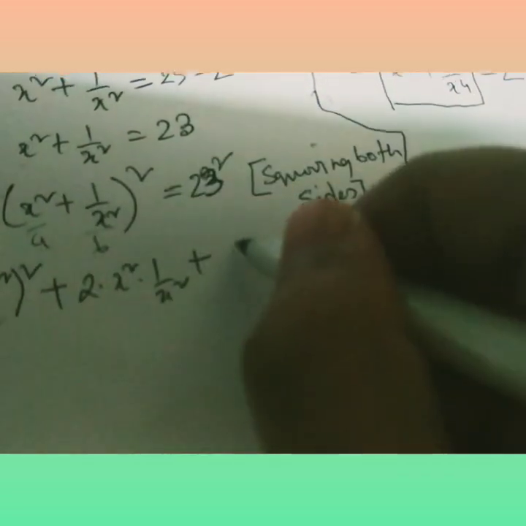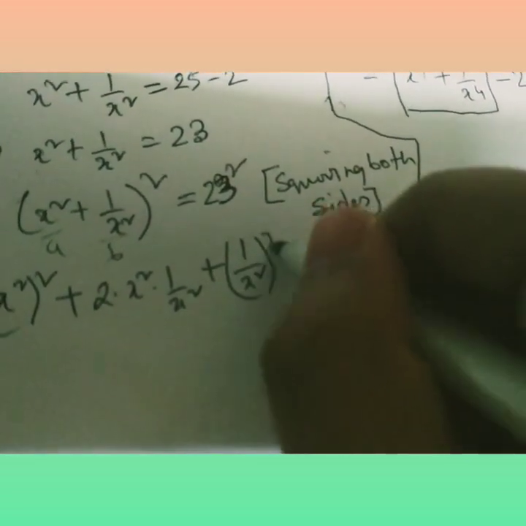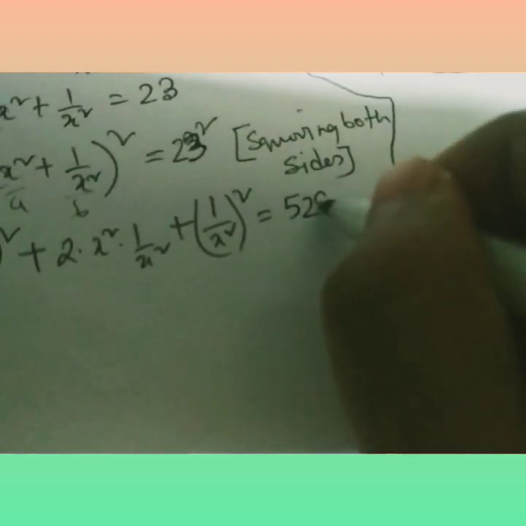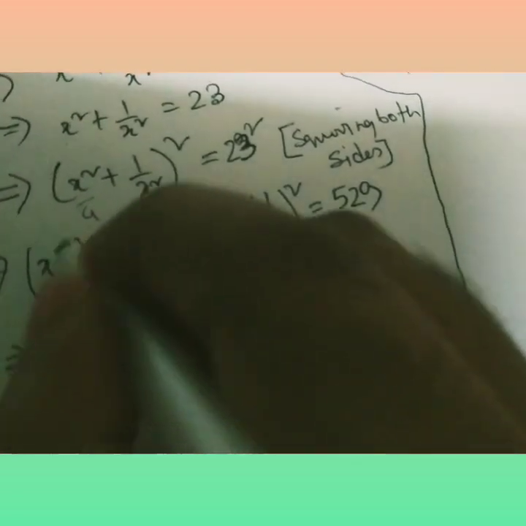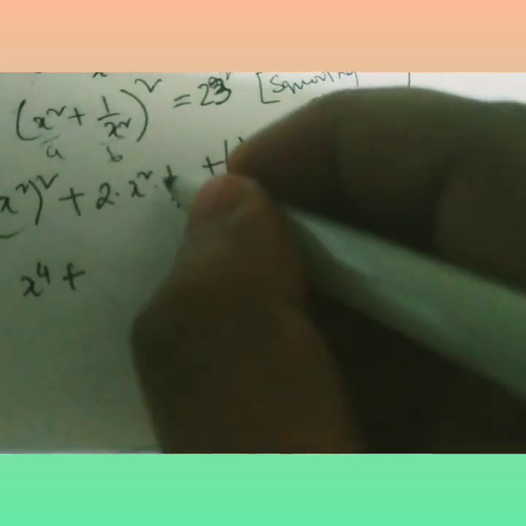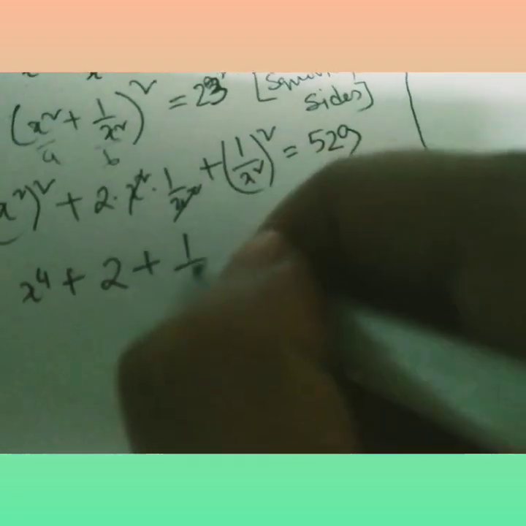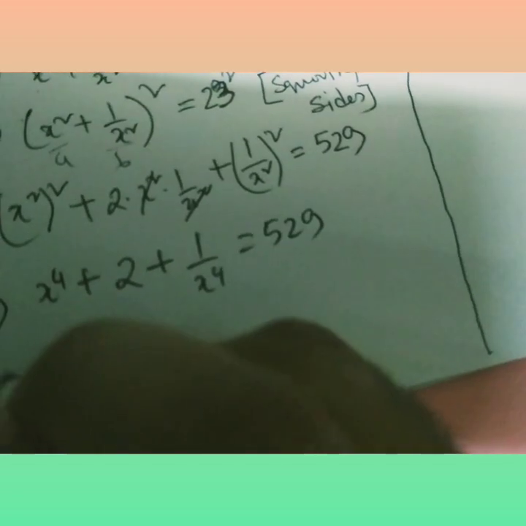B is 1 by x square, so 1 by x square whole square, equals 23 square is 529. Okay, so x square whole square is x to the power 4, plus this x square and this x square gone, so only 2 remains over here, plus 1 by x4 equals 529.